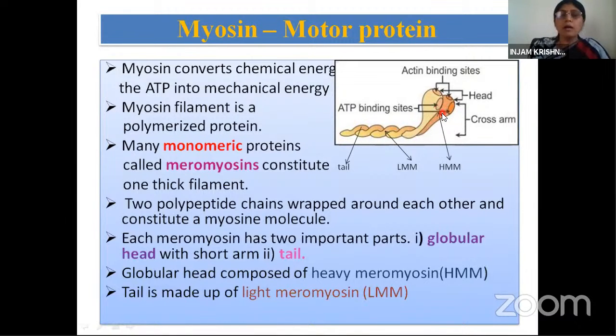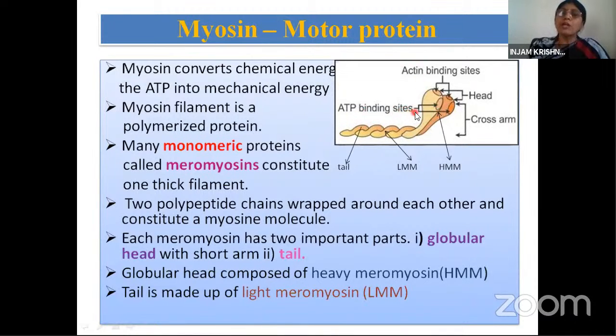The globular head is composed of heavy meromyosin, HMM. The tail is made up of light meromyosin. The head has two other sites. One is the actin binding site, another one is the ATP binding site.